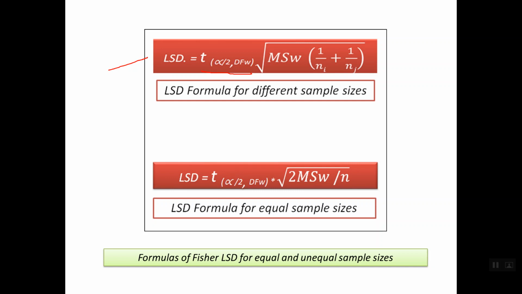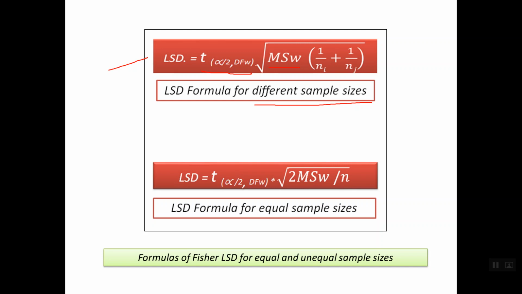This is multiplied by the square root of MSW, which is the mean square within, multiplied by 1 over Ni plus 1 over Nj. I and J represent the sample sizes for group I and group J. So this is the LSD formula for different sample sizes.